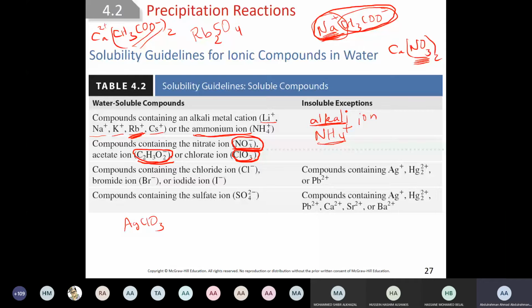What's the name of this compound? Silver chlorate. Is it going to dissolve in water? Yes. Why? It contains the chlorate ion. Good. Next, compounds containing chloride, bromide, and iodide.